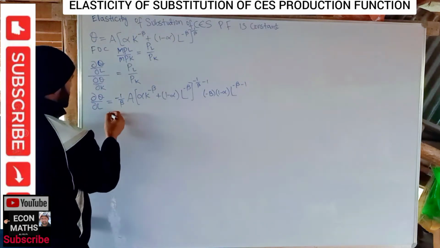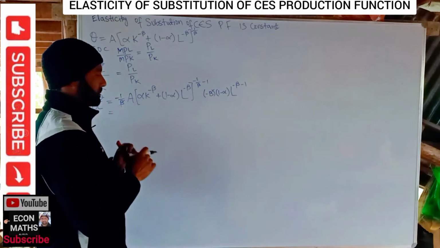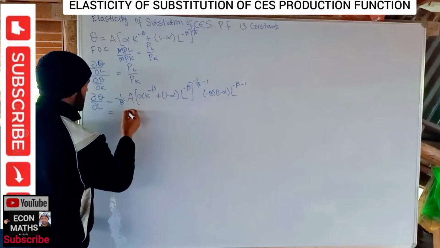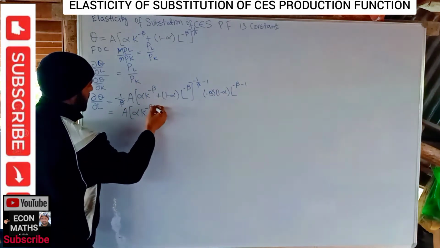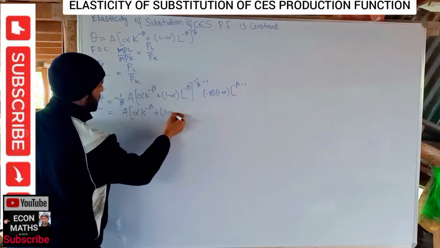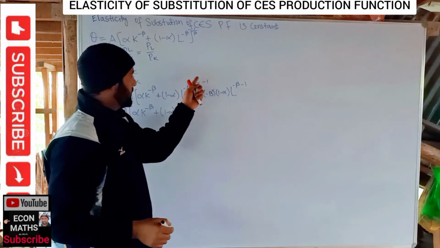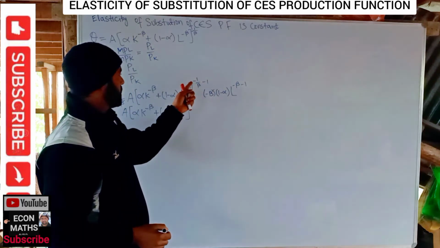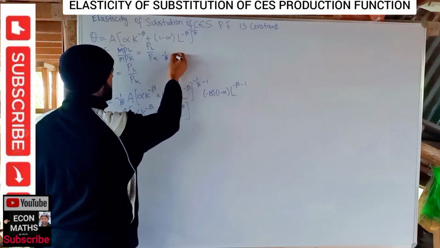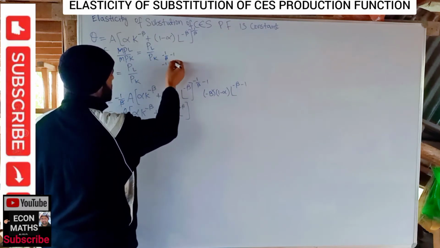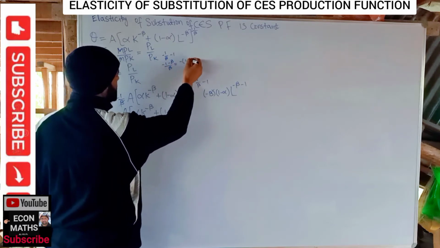Now we can see that this β and this β will get cancelled. Minus into minus is plus. We are left with A[αK^(-β) + (1-α)L^(-β)] to the whole power. Now in place of -1/β - 1, it can be written as -(1 - β)/β, which is equal to -(1 + β)/β.